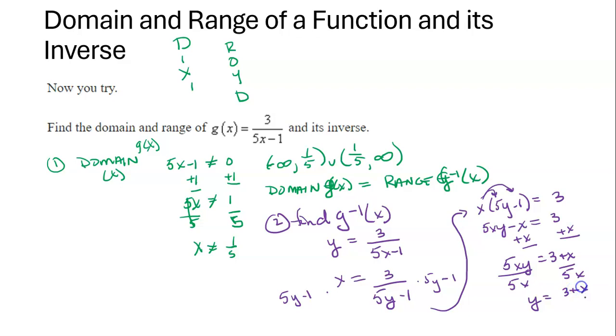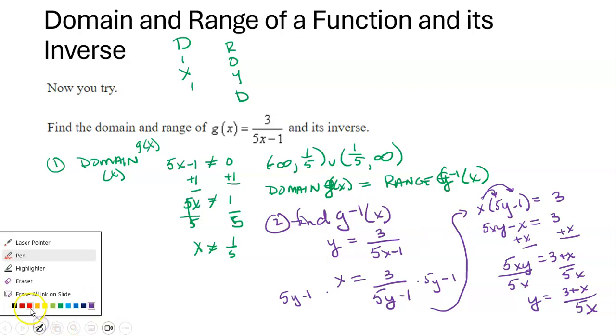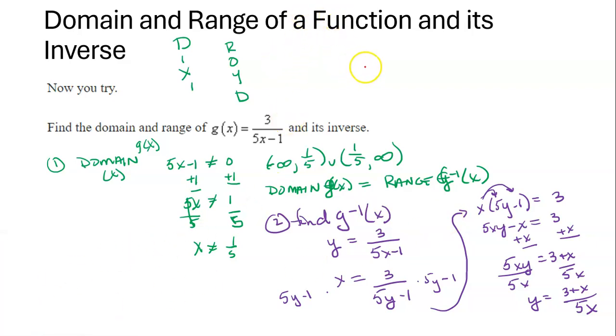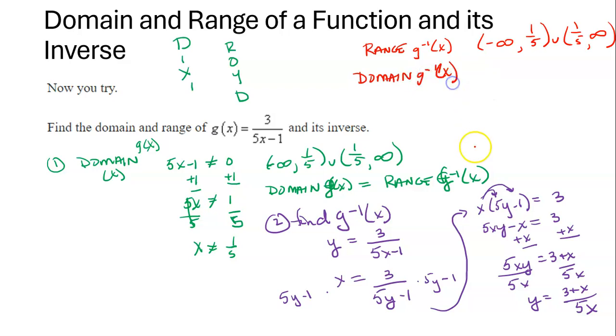Y is equal to 3 plus x over 5x. So I know that the range of g inverse of x is equal to this domain. So that's negative infinity to 1/5 union 1/5 to infinity. And then my domain, x cannot equal 0. So that means I'm going from negative infinity to 0 union 0 to infinity.